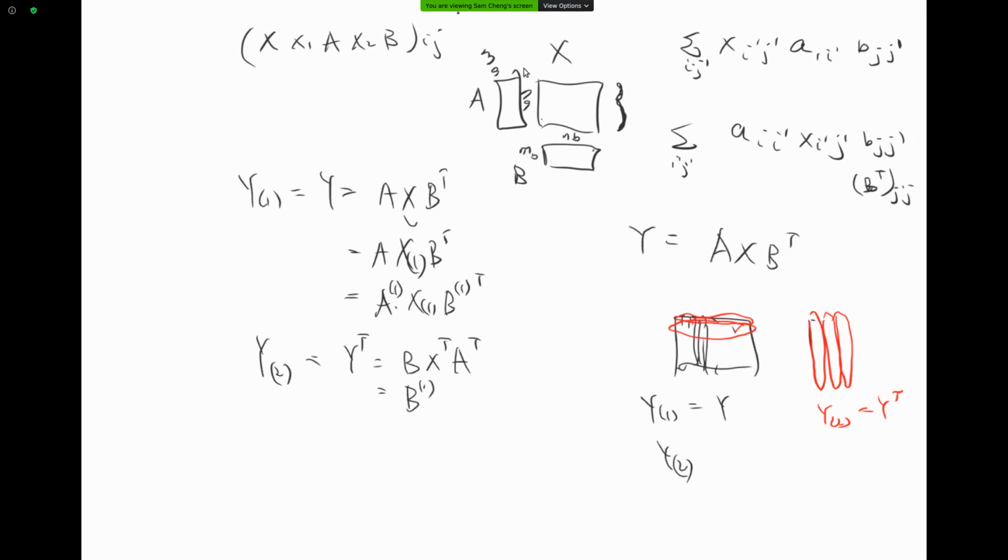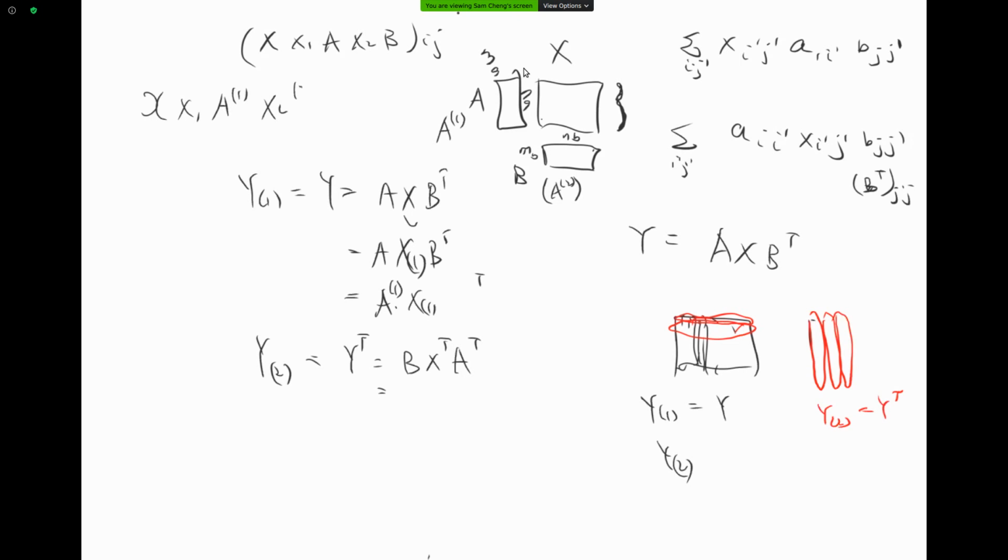Let me do this a better way. At the beginning we said B is just A2 and A is A1. Remember we started trying to show X with a mode 1 product with A1 and then a mode 2 product with A2.